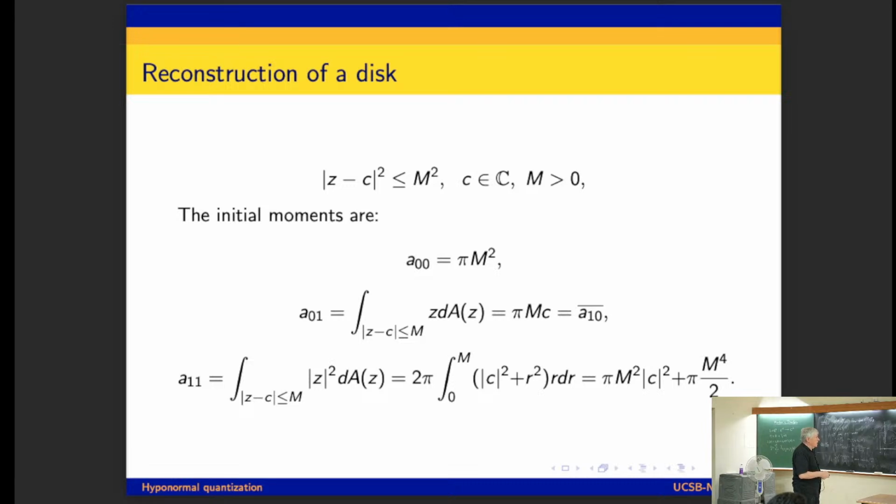For the 1,1 moment, I have to compute the radius squared, and this will be immediately just integration on the disk in polar coordinates of this quantity. So suppose that I give you the moments 1, 2, 3, the other ones will be the conjugates. These are the three variables. What do we do?